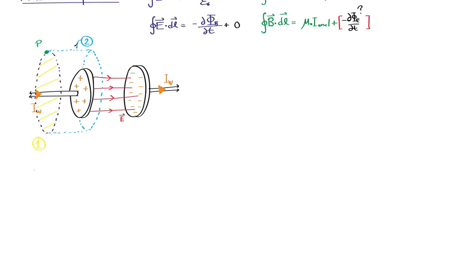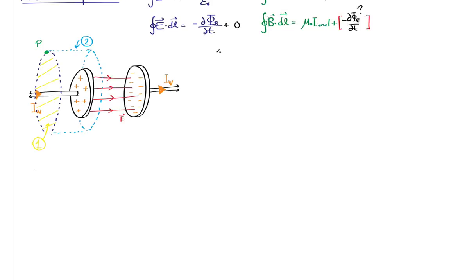So that's this one here. And the yellow one is just that surface. Okay. So they basically incorporate the same Amperian loop, which is this blue one. Both 1 and 2 have the same Amperian loop. All right.